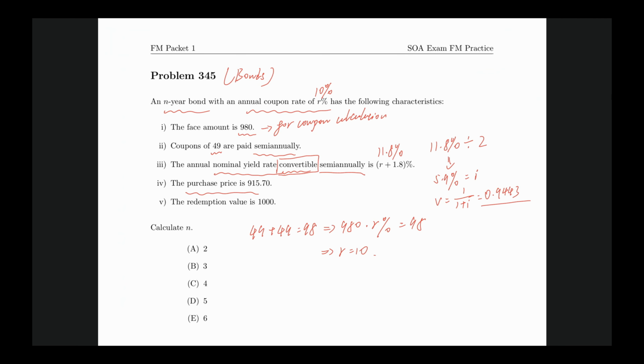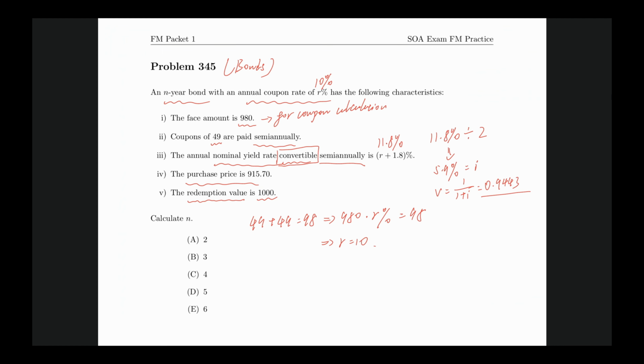Let me talk about the redemption value first. The redemption value is the amount the issuer is going to give you right at the end of the bond. If you purchase this bond, after n years it's going to give you the last coupon, and at the same time the redemption, which is exactly $1,000. So it's a pretty decent deal.